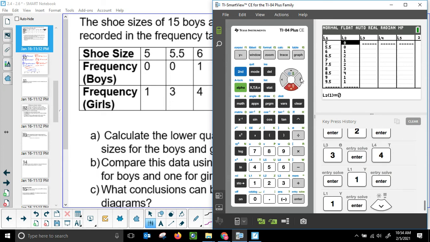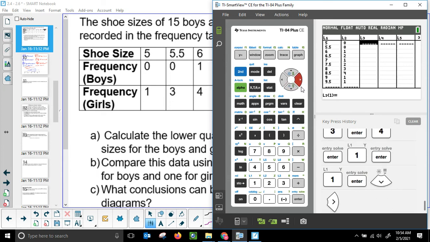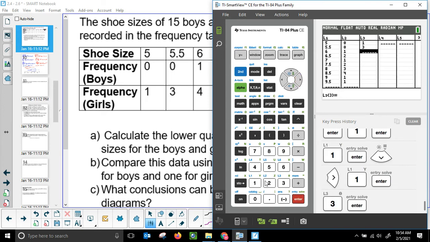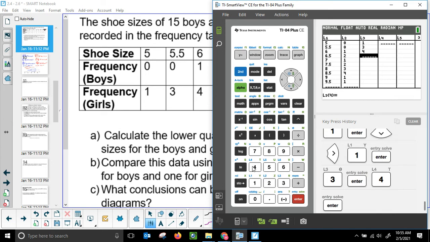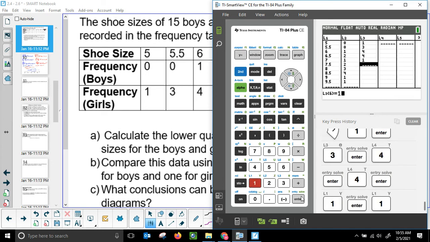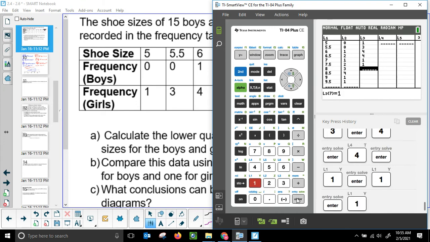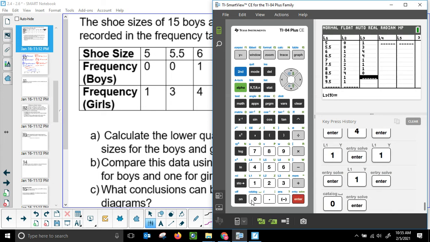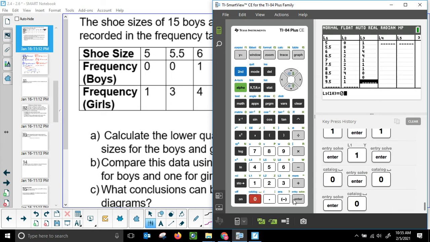Girls, which we will put in L3, is 1, 3, 4, 4, 1, 1, 0, 0, 0. Okay, so now all of our data is in there.